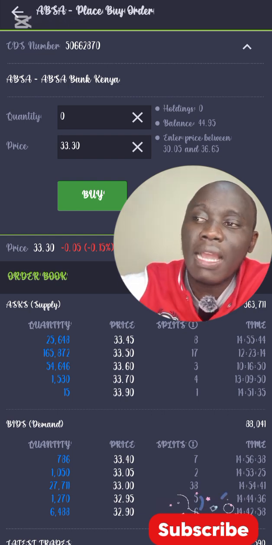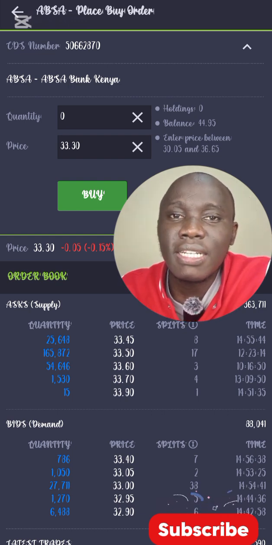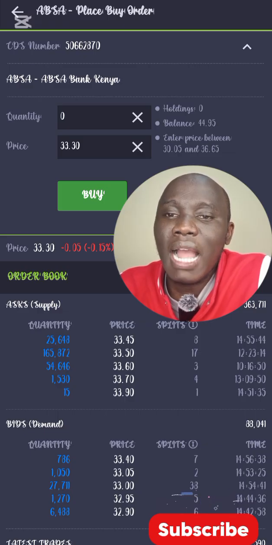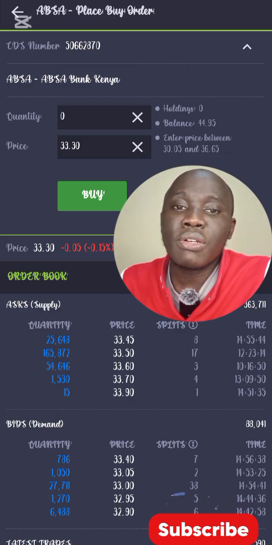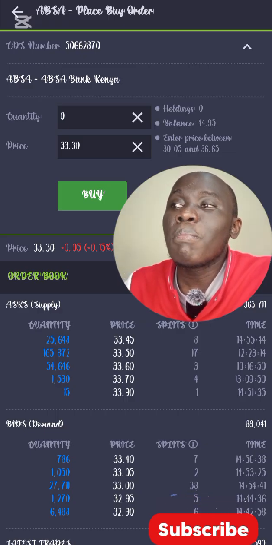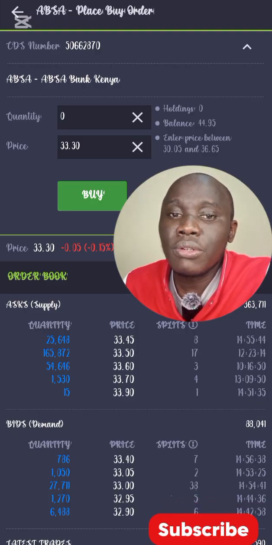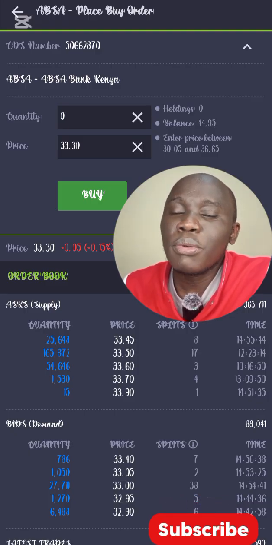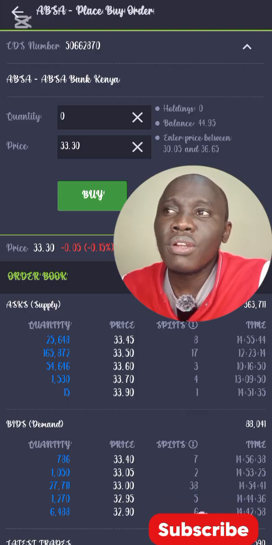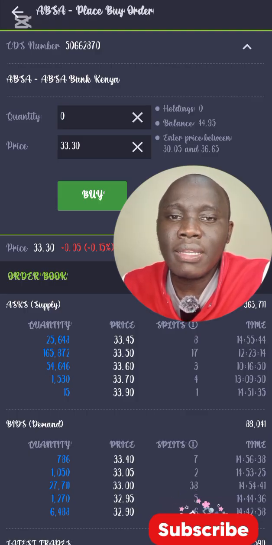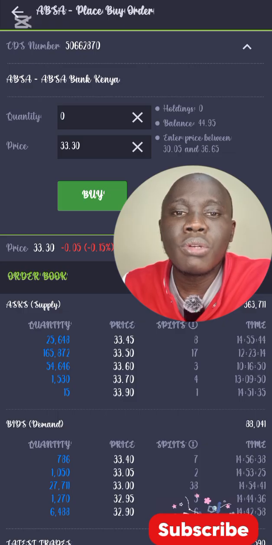So you need to get a price that is within this range, so that you can at least stand a chance of getting the allotment of the shares. If you put a price that is so off, on the lower side, you'll not get the shares. And if you put a price that is so high, you'll get the shares, but the question remains, at what cost?